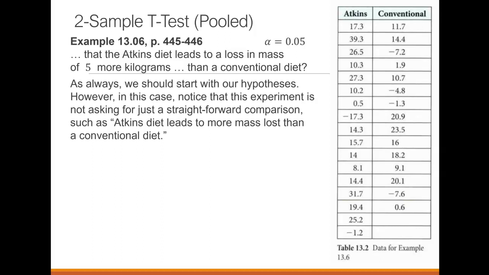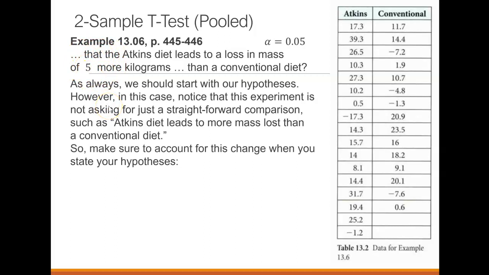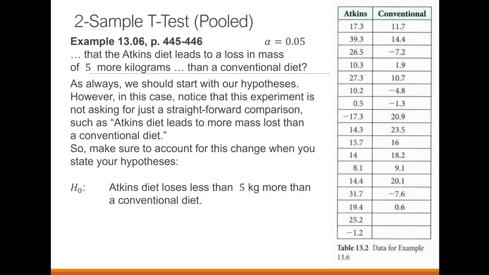What did it say specifically? It needs a specific threshold of more. So we have to make sure we account for that when we write our hypothesis. So I would say Atkins diet loses less than 5 kilograms more than the conventional.